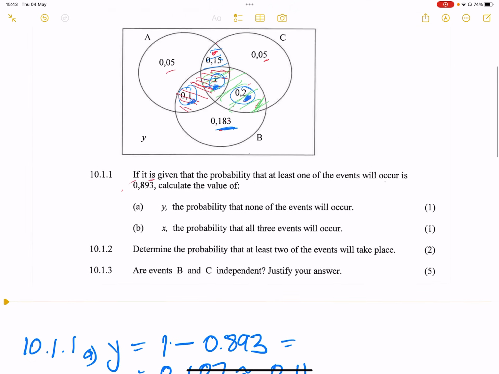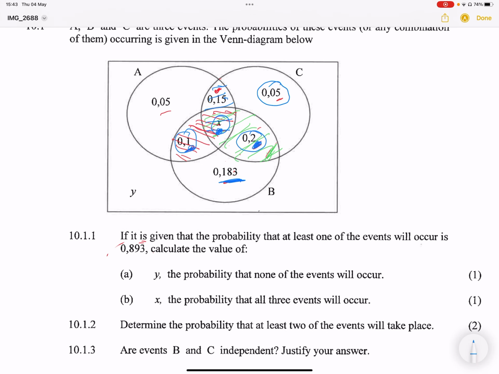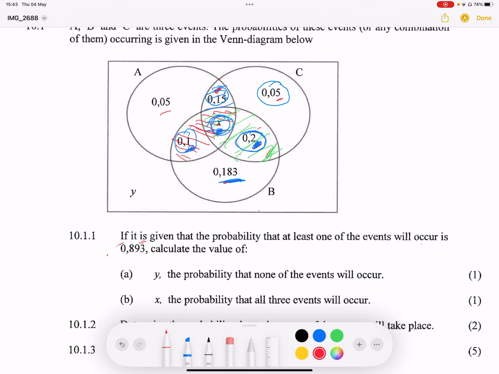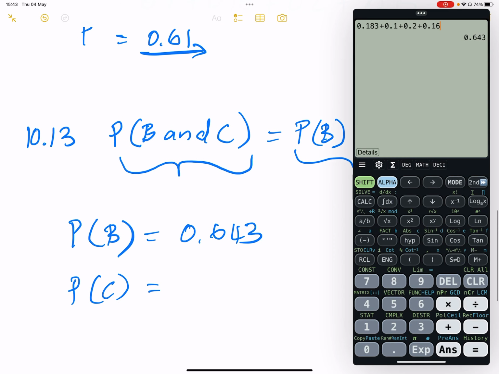Now let's take the probability of C. And again, when we look at C, we are going to have that 0.05, 0.15, we're going to have 0.2 as well as that X. Okay, maybe it's better if I use a different color. So we said it's that 0.2, 0.05, 0.15 as well as X. So okay, let's add that up.